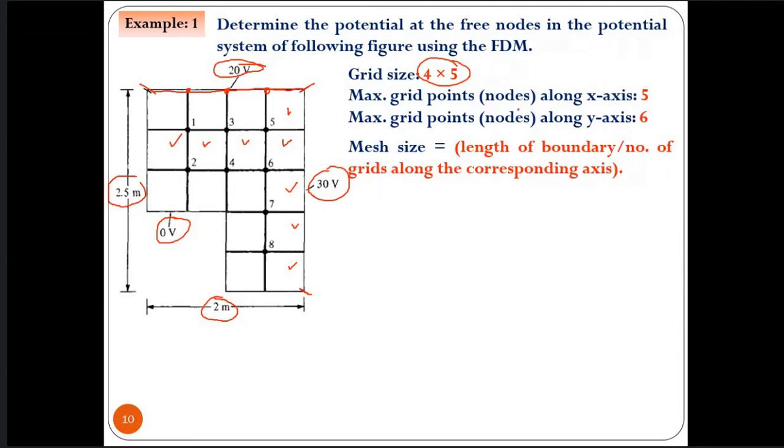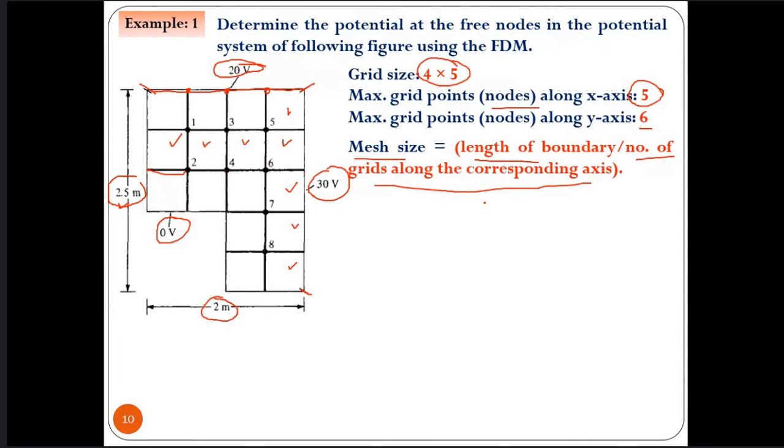The maximum grid points or nodes along the x-axis is 5, including the free and fixed nodes: 1, 2, 3, 4, 5. The maximum grid points or nodes along the y-axis is 6. Then how can you calculate the mesh size? Mesh size will be the length of the boundary divided by the number of grids along the corresponding axis.